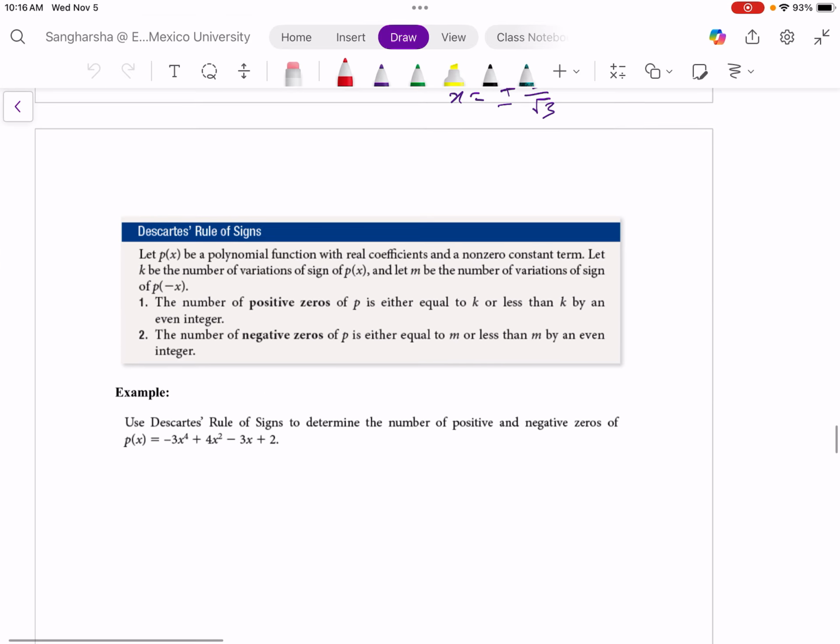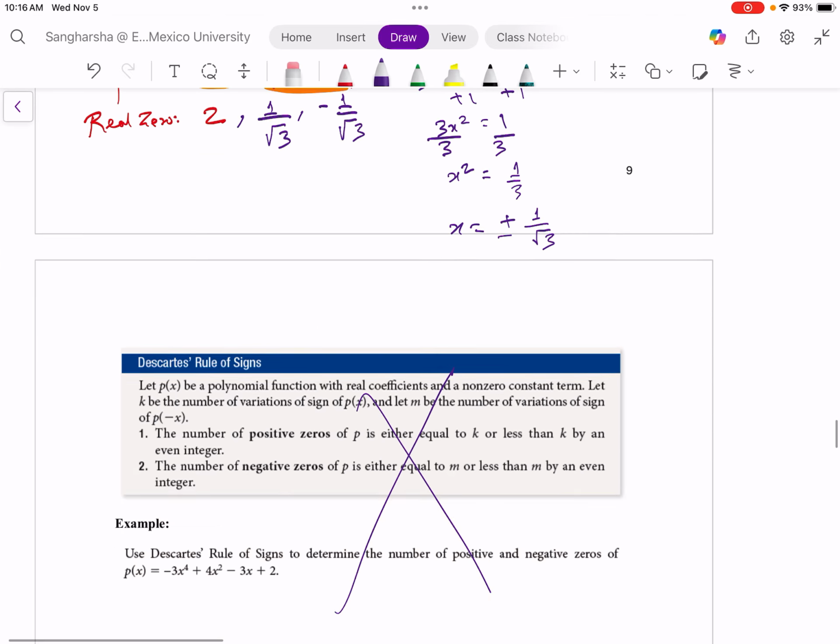Let's skip this part. This is from our section 3.4.